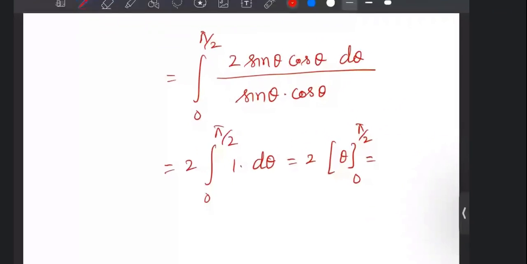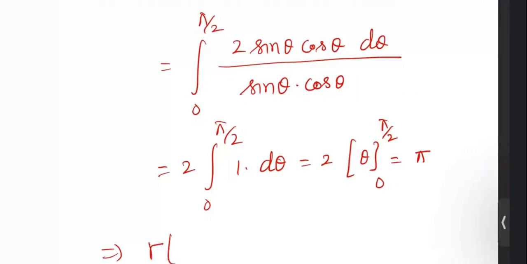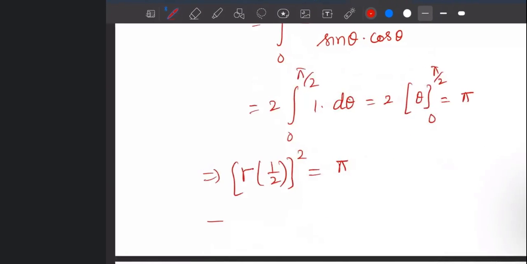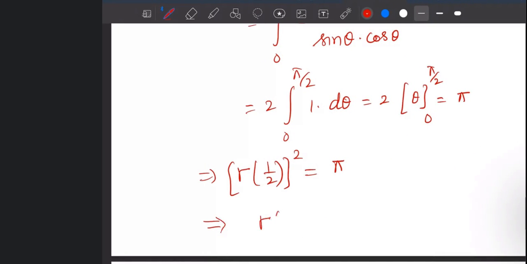Just integration of 1 with respect to theta is theta. Integrating you will get pi. This implies gamma function of 1 by 2 whole square is equal to pi. That means gamma function of 1 by 2 is root pi.